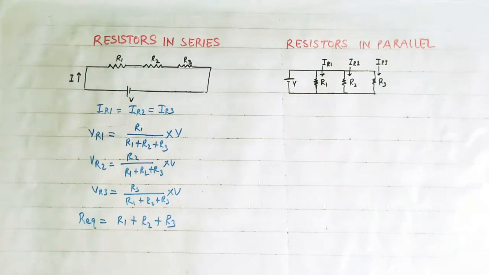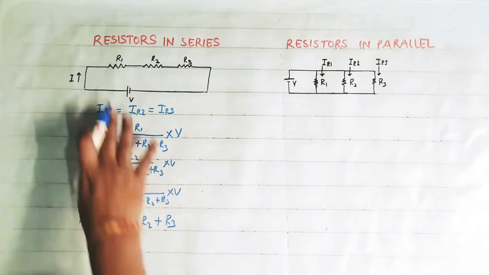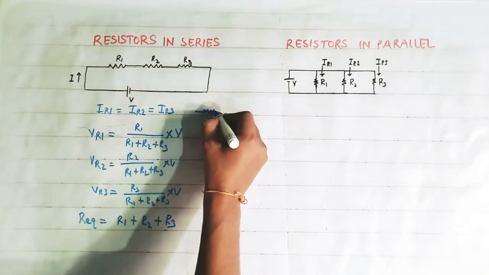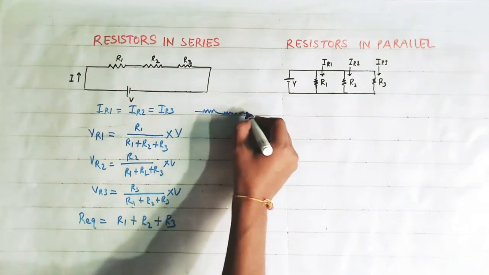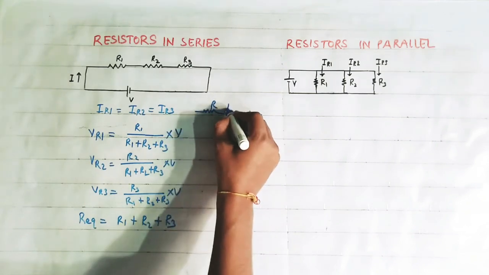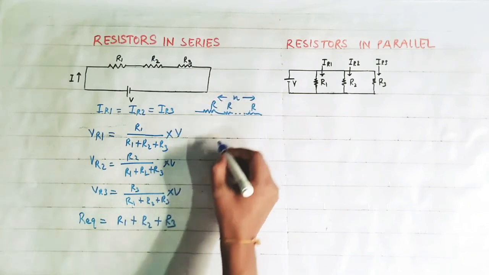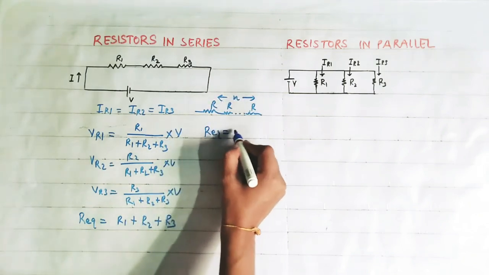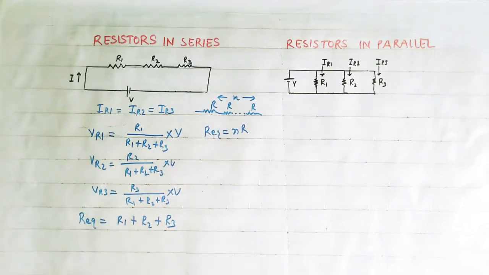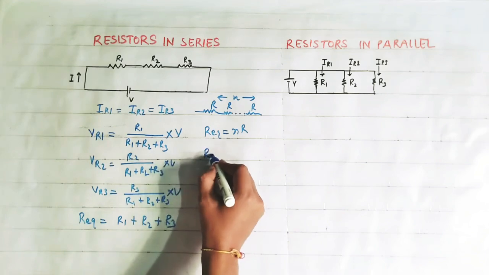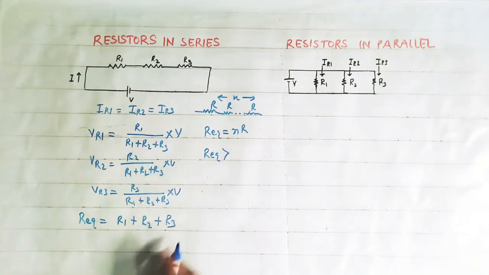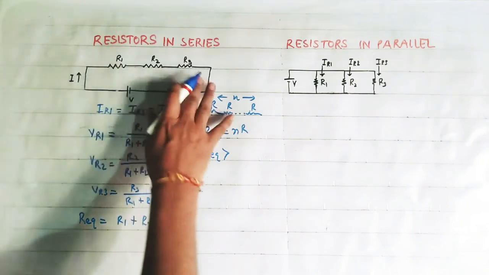When n number of same resistors are connected in series, the total equivalent resistance is simply equal to nR. One more interesting thing about resistances in series is that the equivalent resistance is greater than the highest resistance among the resistances connected in series.